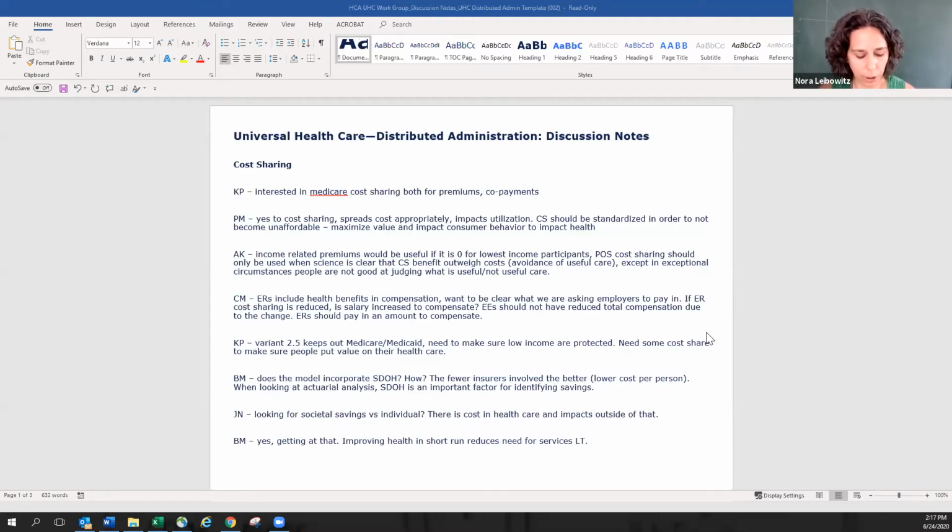So let's talk a little bit about cost sharing. And that is whether people think there should be any form of cost sharing, and that includes both the monthly premiums that people would pay to participate, as well as site of care cost sharing, like co-payments or deductibles.